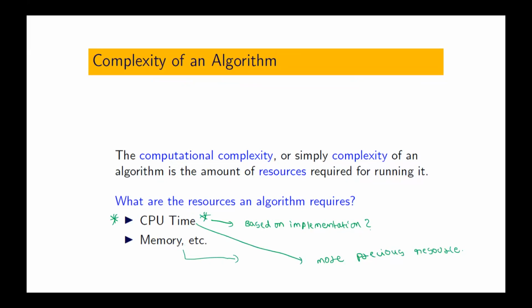So next, given an algorithm, we are not going for implementation. Without implementation, by looking at the algorithm, we need to find the order of growth of that algorithm.